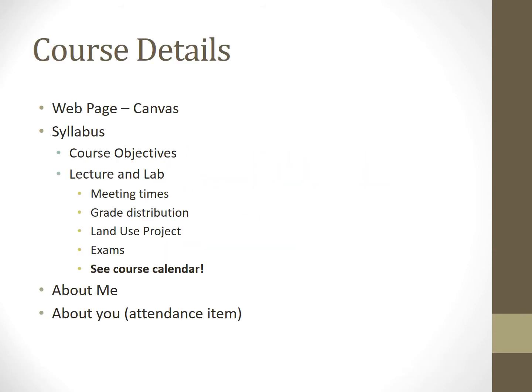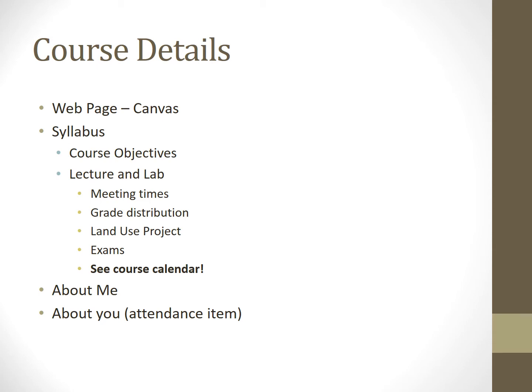We will be posting all of your content on Canvas. You'll also find the syllabus there, which outlines a lot of the course rules, objectives, what book to get, where to get the book, when we're going to meet for lab, how grading works. We're going to introduce the land use project at some point this semester.